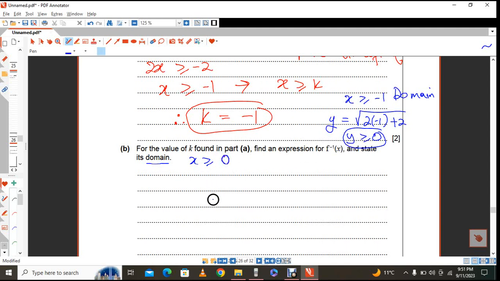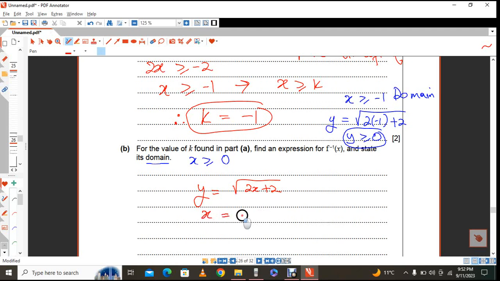So the domain would be x is greater than or equal to 0. That's what's going to happen over there. But anyway, we'll explain it a little bit more in detail. So let's take the function as we know. The function is y equals root of 2x plus 2, and we need to find the inverse. So again, go ahead and swap the letters.